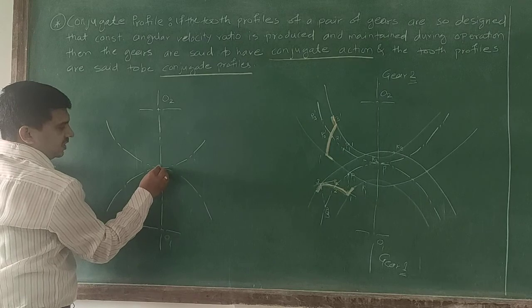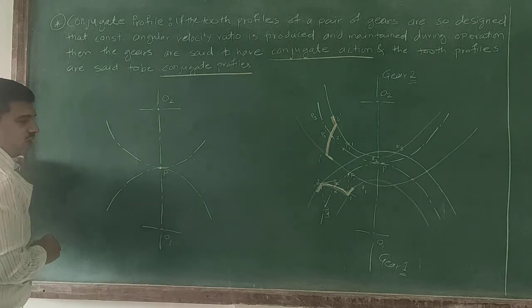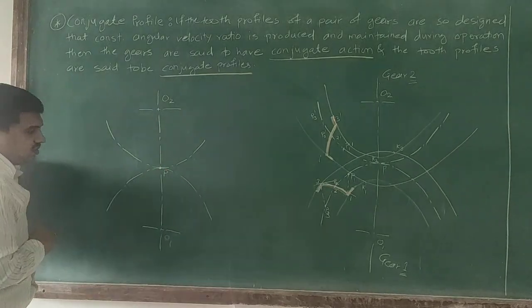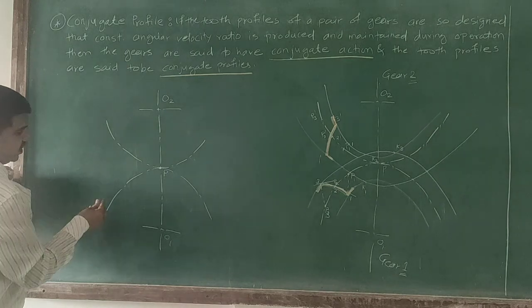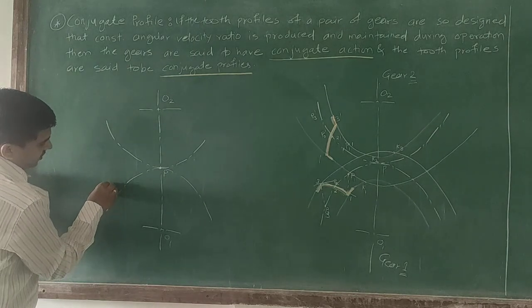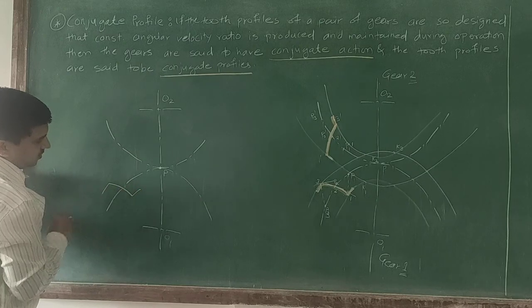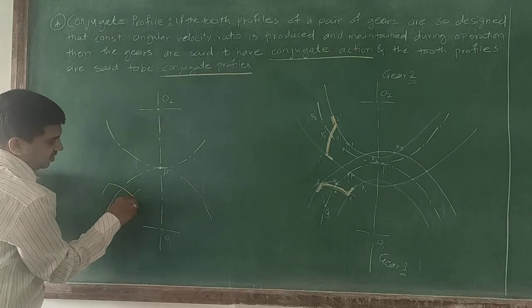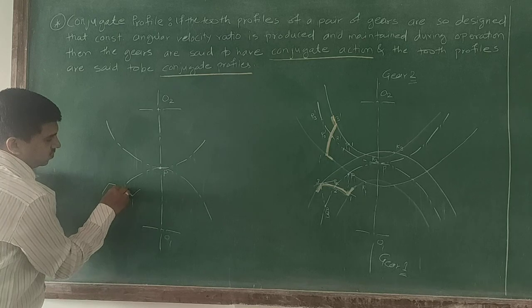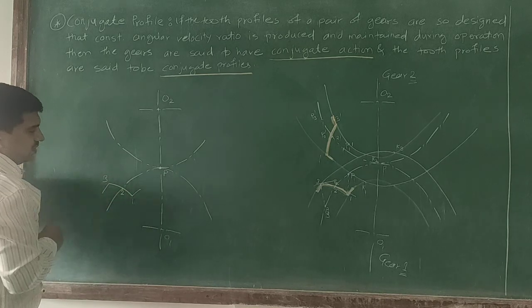Its intersection point is nothing but the point P, which is the pitch point. Now we had one gear tooth profile which is selected arbitrarily. Its points are named 1, 2 and 3.